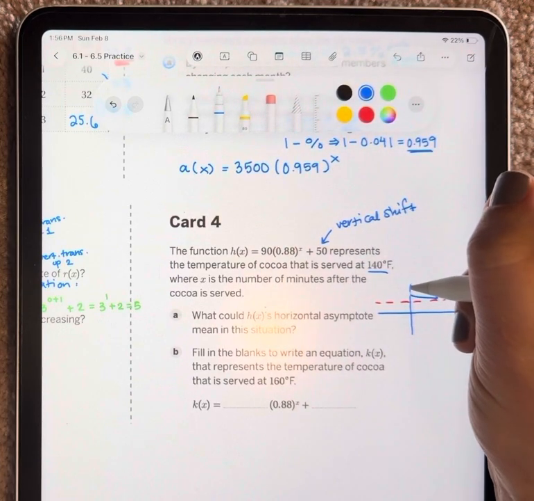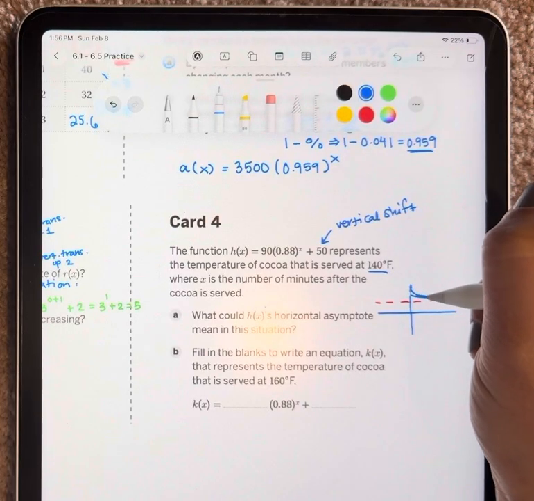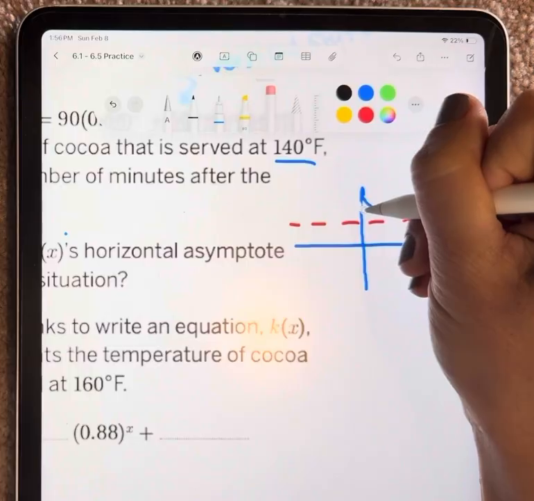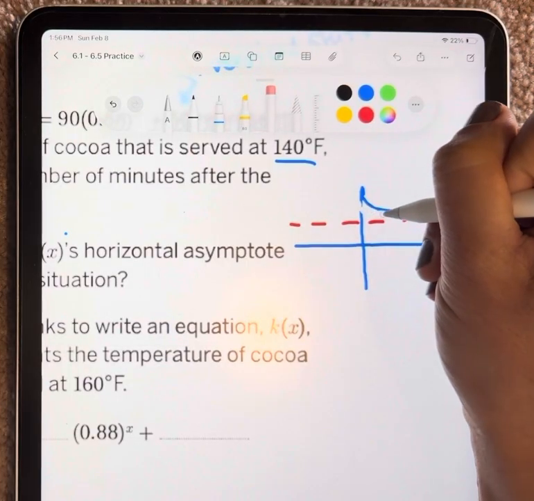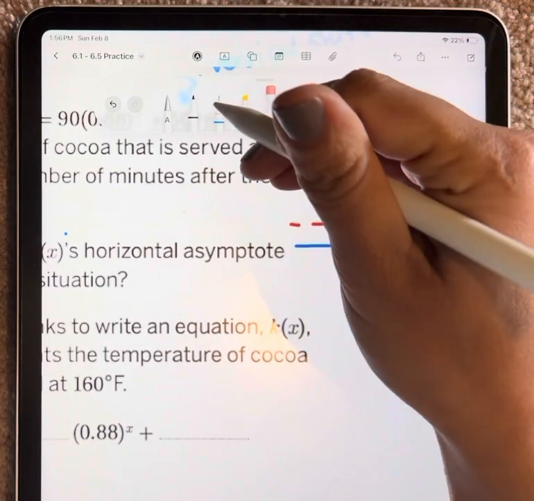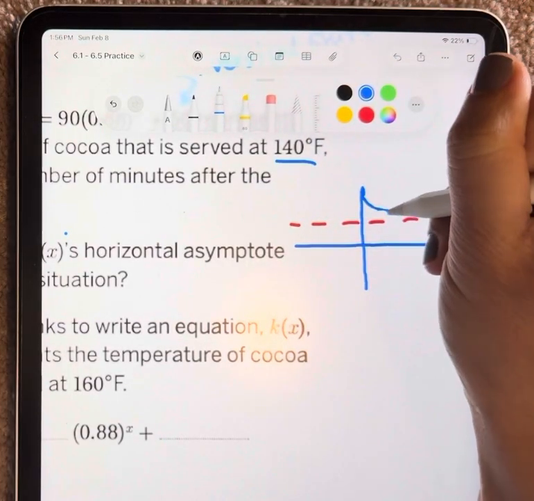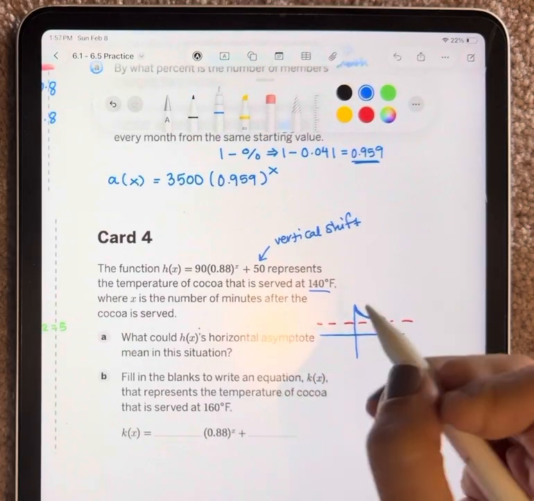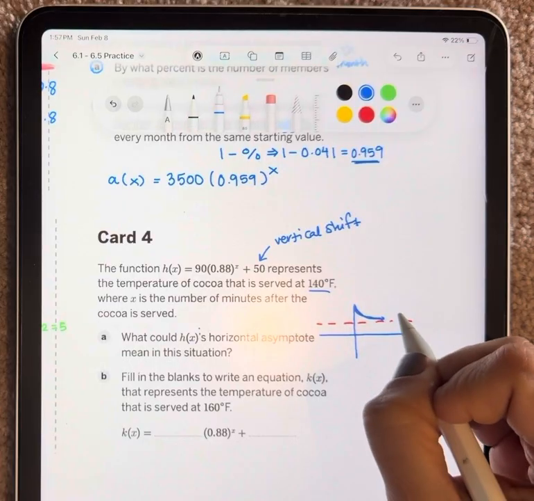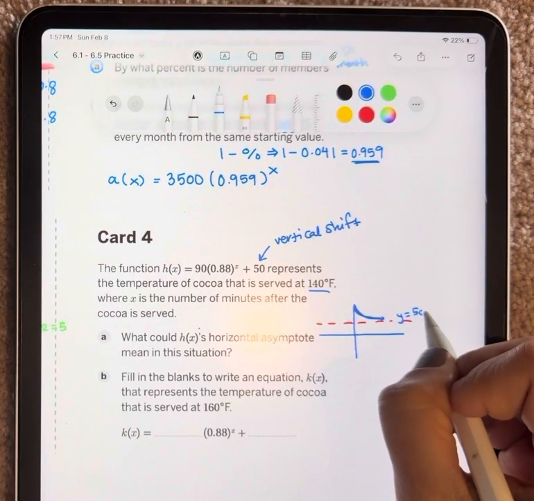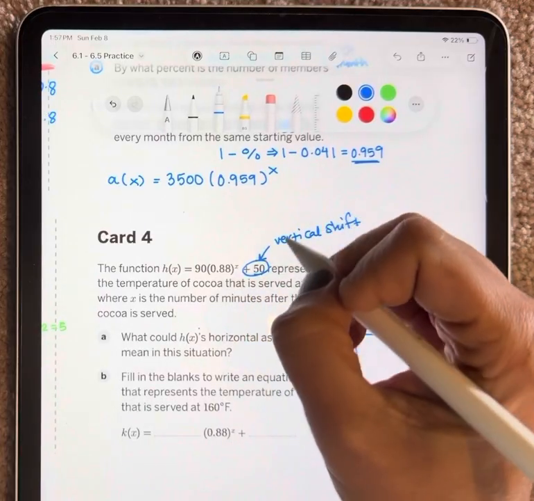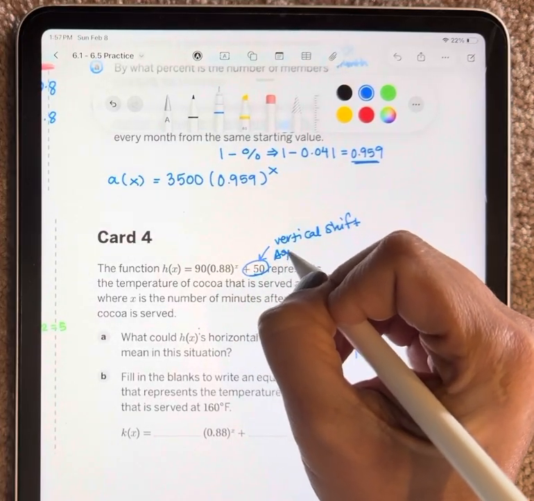So let me draw it more curved like that. The cocoa gets poured at a hot temperature, and then it starts cooling down immediately. And then it approaches this horizontal asymptote. In this case, it's at y equals 50, because that was this number right here. Remember that the vertical shift is your asymptote.